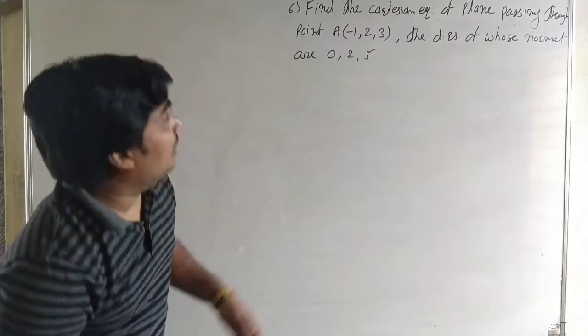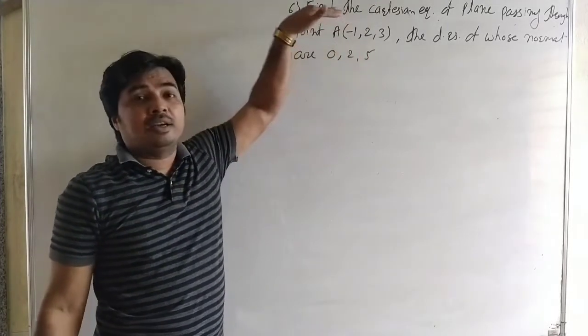Here it is given passing through point and direction ratios, and find the Cartesian equation.